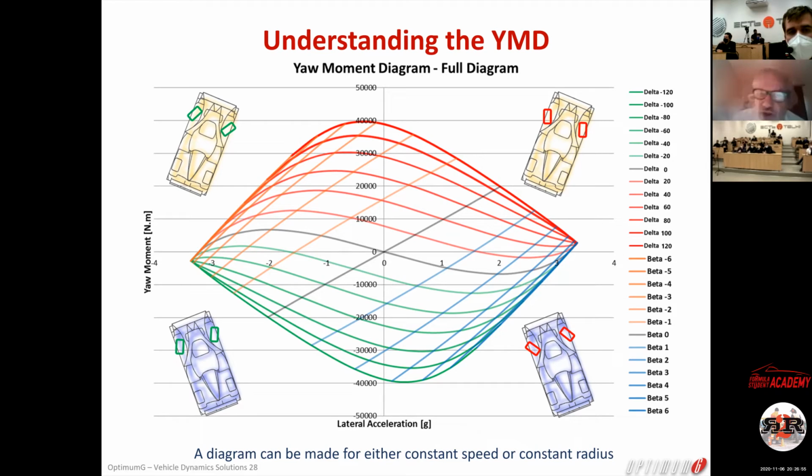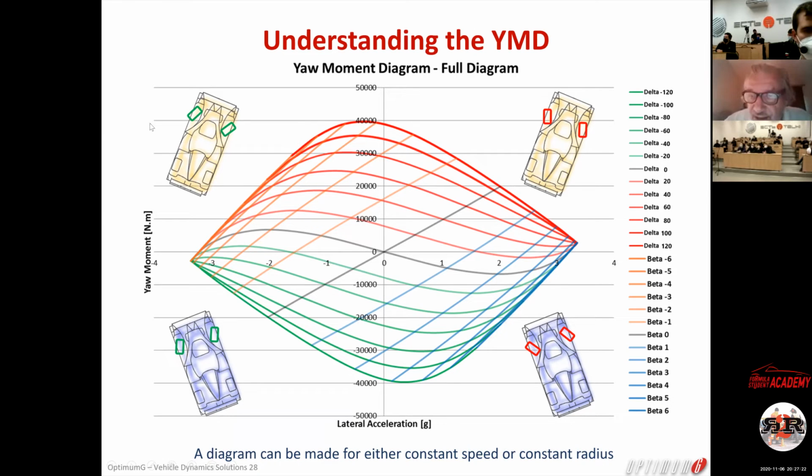So that's interesting because for a given speed, may I insist, for a given speed, so I have a huge parking lot, I impose the speed at, I don't know, 100 kilometers an hour, and I'm going to say, if I turn the steering wheel 20, 40, 60, 80 degrees, and if I yaw the car 2, 4, 5 degrees, and so on, what will be the G that I'm going to have, and what will be my yaw moment?